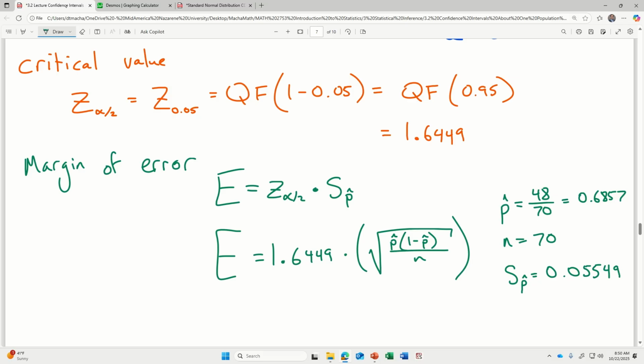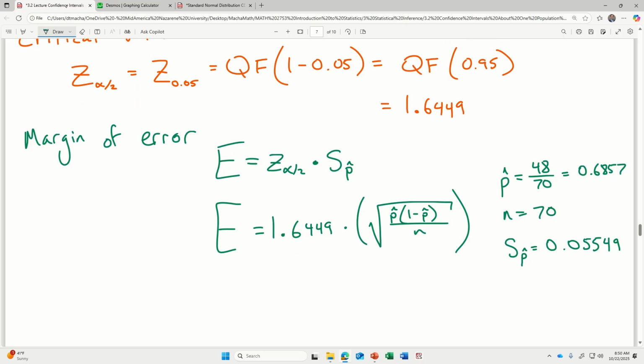That's 0.05549. So we're almost there. I just need to multiply 1.6449 times 0.05549. And I get a margin of error of 0.09128.